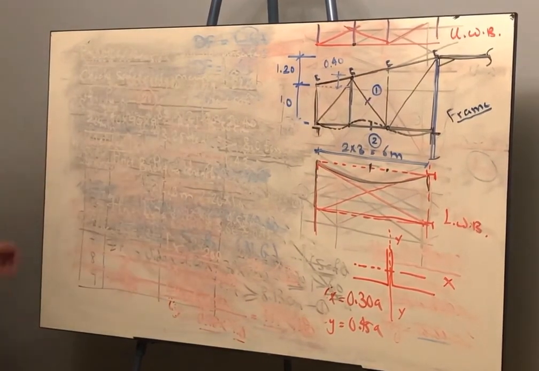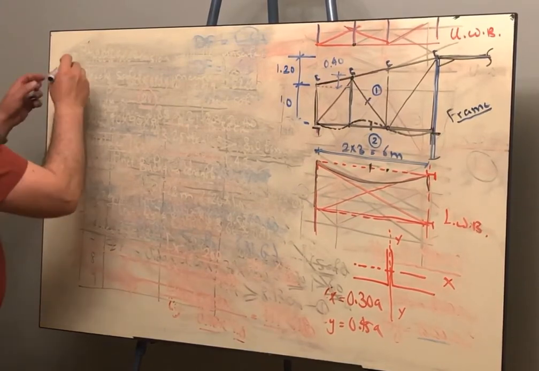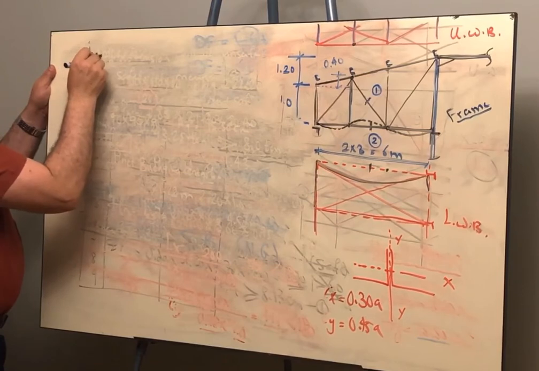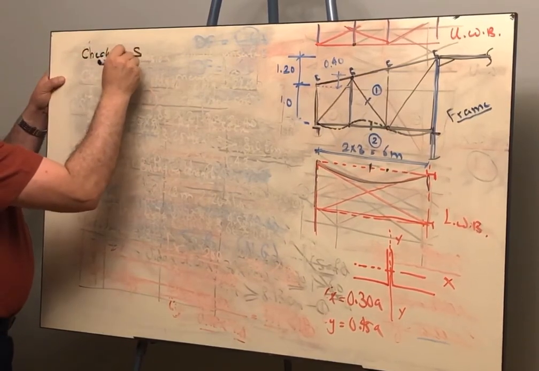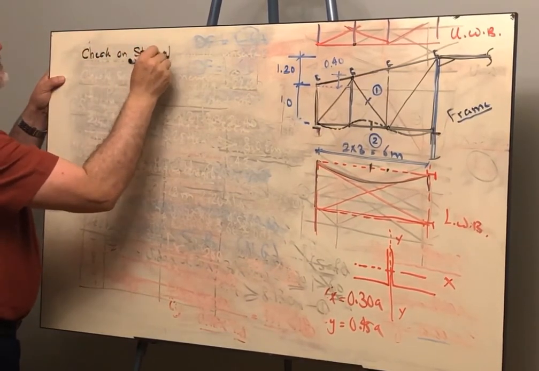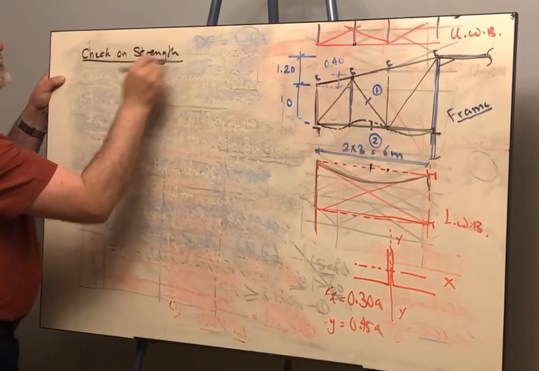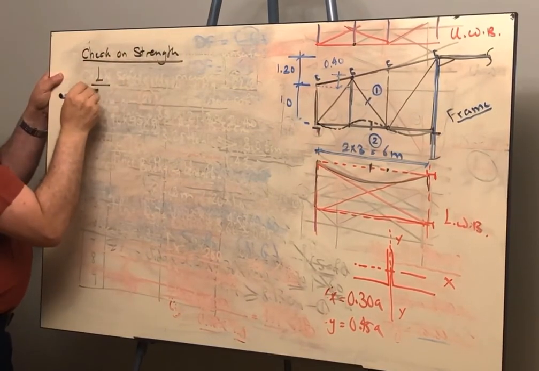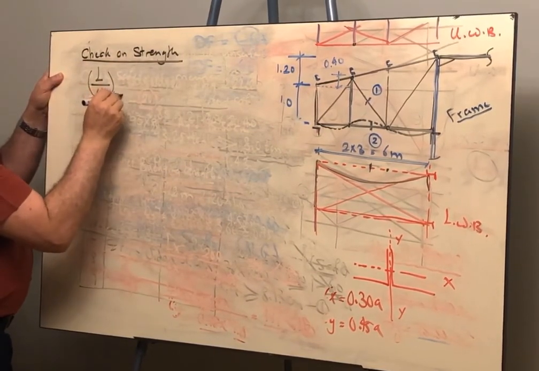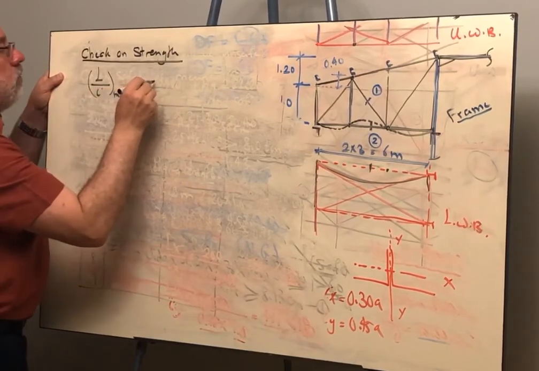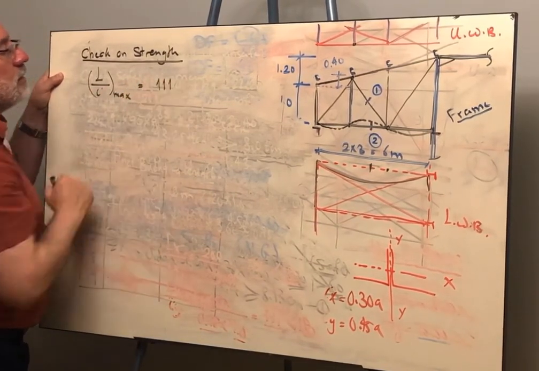So the last step, we have to check on strength. L over i, the maximum value, was obtained as 111.